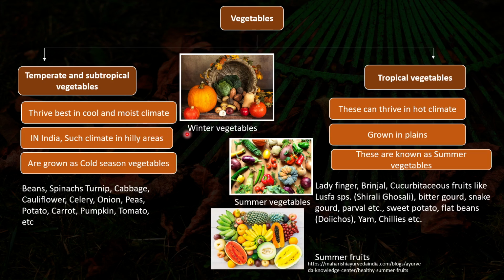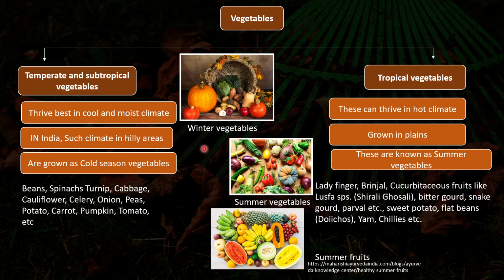So depending upon the climate in your area and what type of climate the vegetable prefers, based on that you can choose the vegetables and grow them in your garden. Now I also need to mention that potato, onion, and tomato are now available year round because of all the technologies that are there, because these can be grown year round nowadays, right?